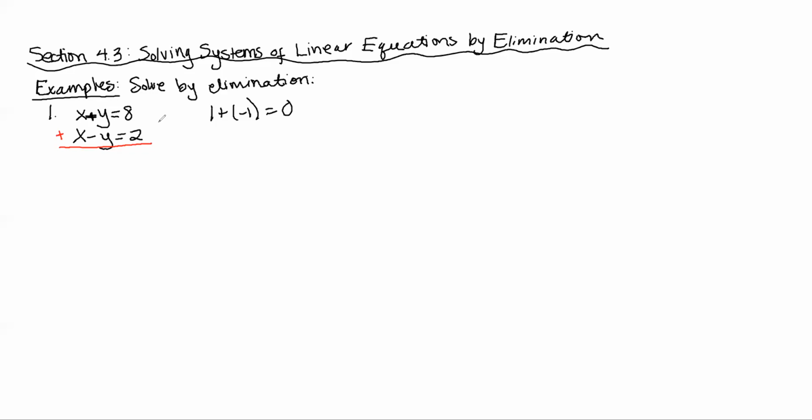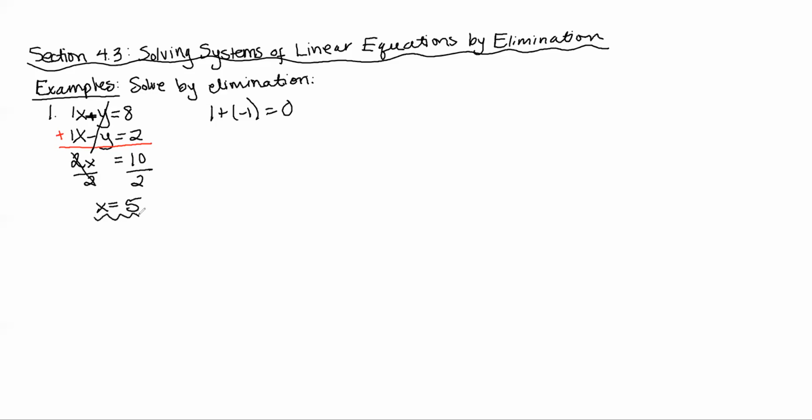So if I add straight down, x plus x, remember 1x plus 1x is 2x. Y plus a -y, those cancel out or eliminate. Bring down the equal sign, 8 plus 2 is 10. Now we have a nice equation with one variable, and all we have to do is solve this for x. So if we divide both sides by 2, we get x equals 5.